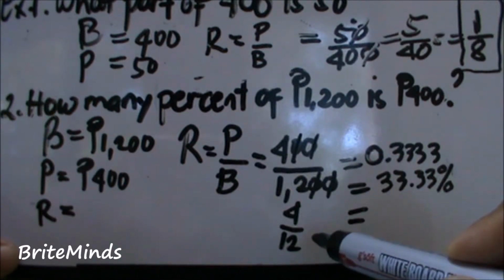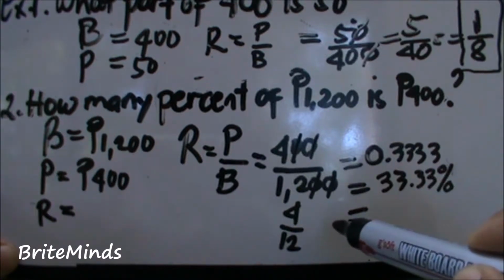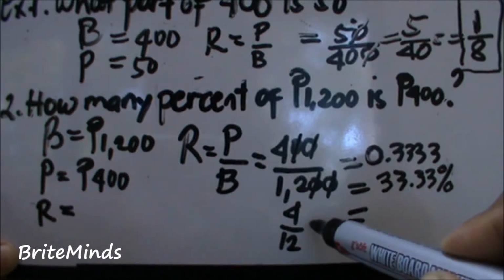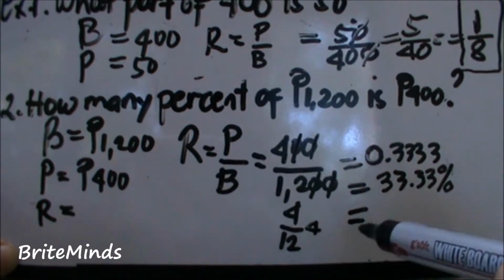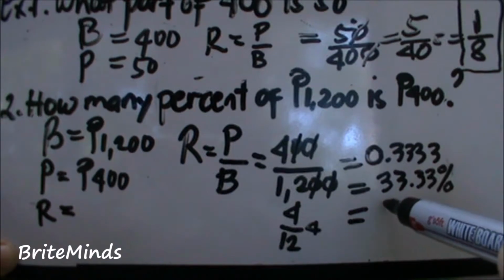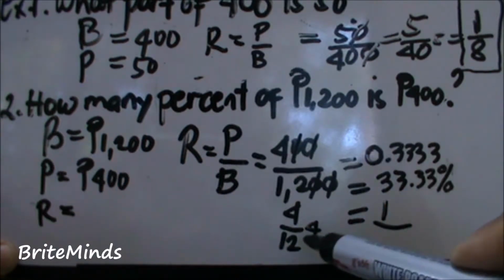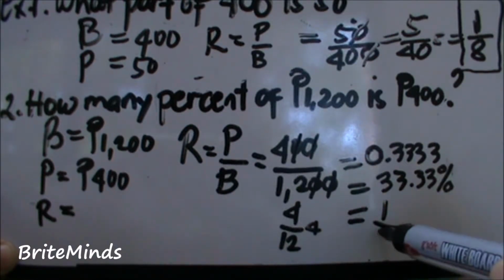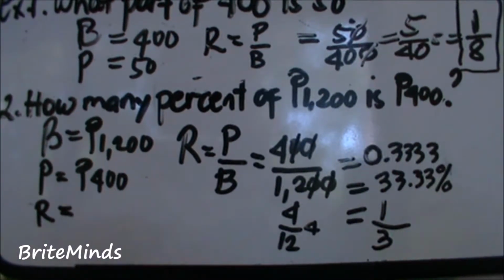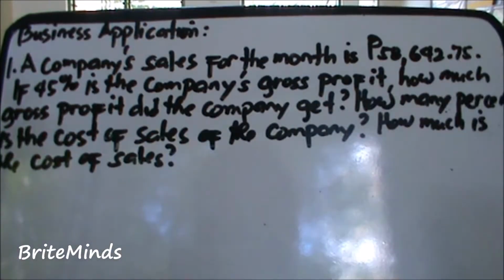Reduce it to lowest terms. So the common factor is 4. 4 divided by 4 is 1, and 12 divided by 4 is 3. So 1/3.